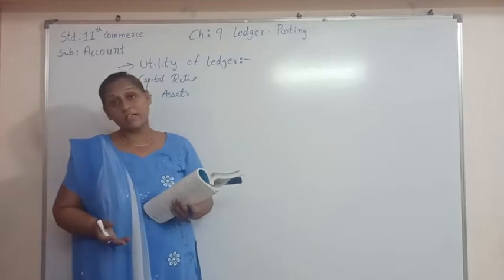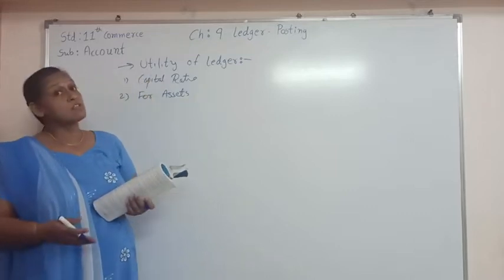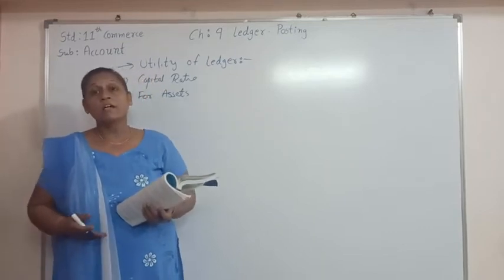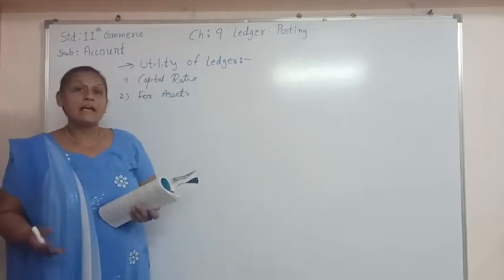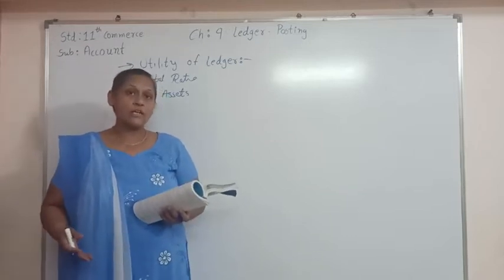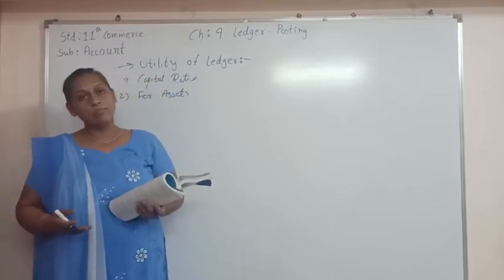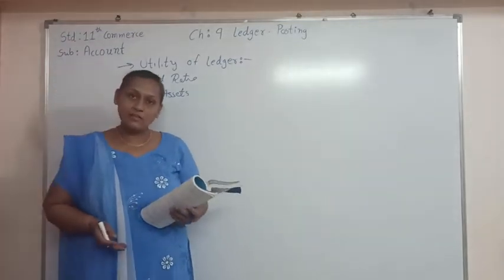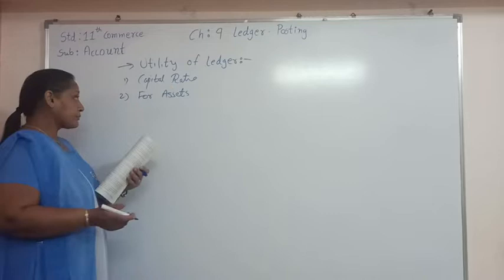So there are many types of asset in the business. From the ledger only we can come to know how much capital is utilized in the assets and in which way it is utilized. If we want to know that for the business, that can be known from the ledger only. So for that also ledger is very important.